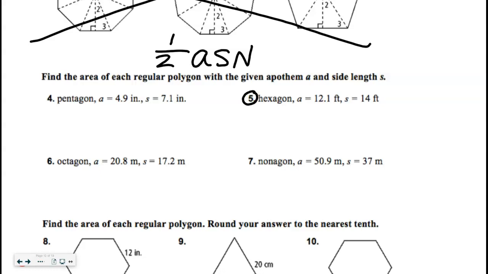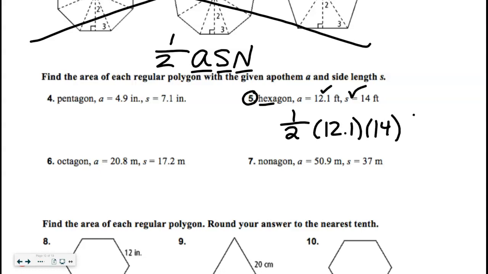We're going to go to number 5, and we're going to ask ourselves, do we know the A? Yes. Do we know the S? Yes. Do we know the N? Yes. So everything was given for free, so you're going to write down: the area is 1/2 A, S, and a hexagon has 6 sides.